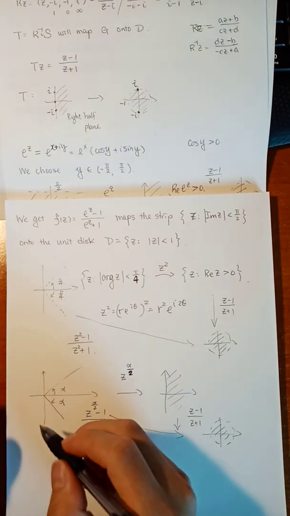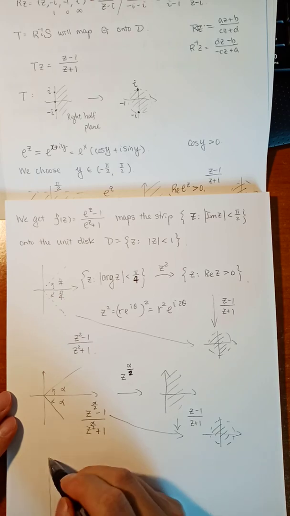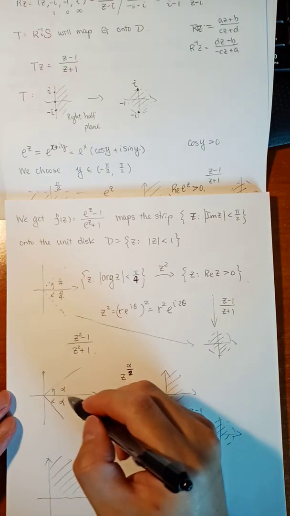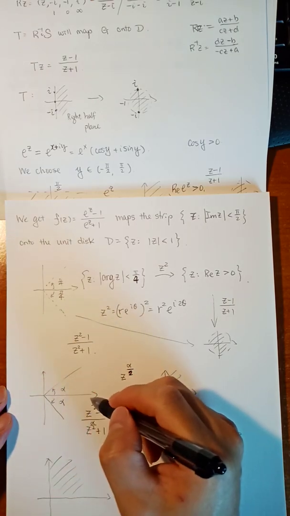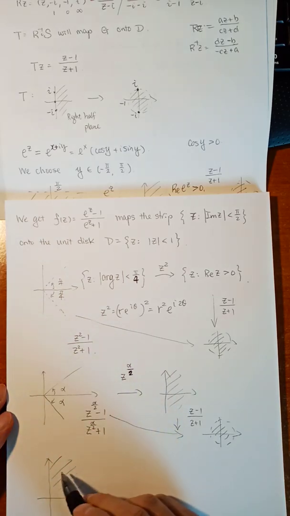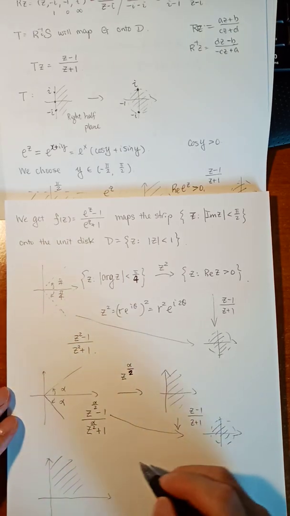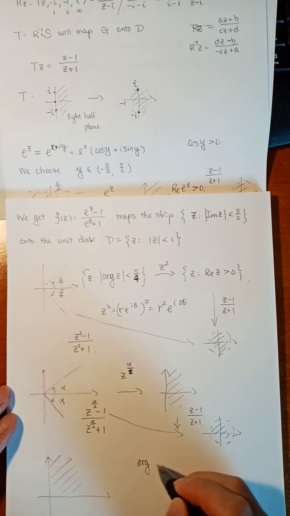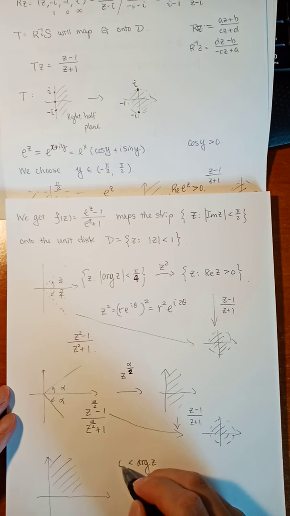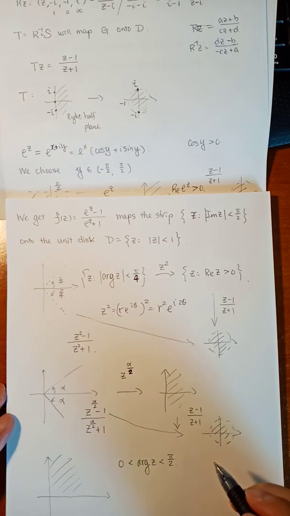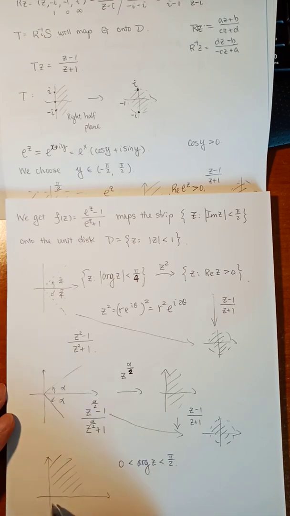Okay, so also if your sector is not purely symmetric with respect to the positive real axis, for example the first quadrant, where the argument of z is between 0 and pi over 2, how do you do that? You rotate it.